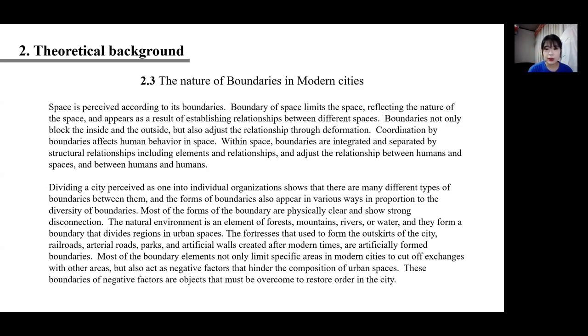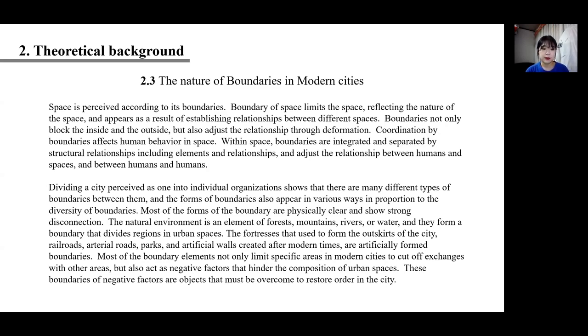Within space, boundaries are integrated and separated by structural relationships, including elements and relationships, and adjust the relationship between humans and space and between humans and humans.